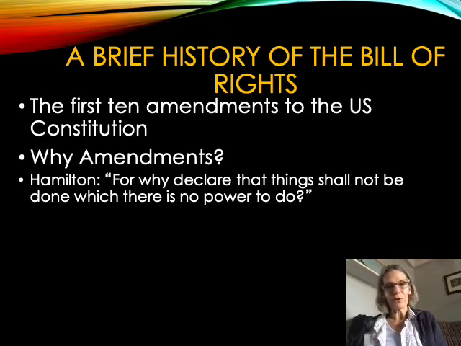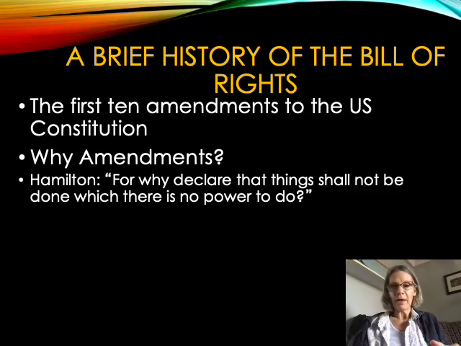The Anti-Federalists are the ones who didn't want to ratify the Constitution. They were basically skeptical of the Constitution because they felt like the Constitution gave the federal government way too much power and didn't provide enough protection for the power of states, and also didn't provide enough protection for the individual freedoms of the people, of the citizens.